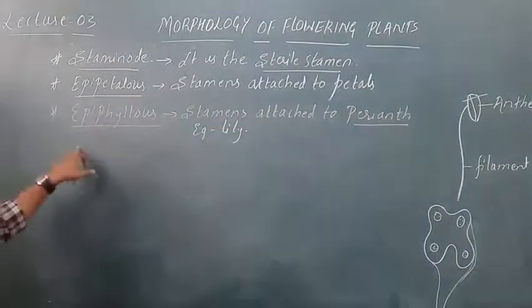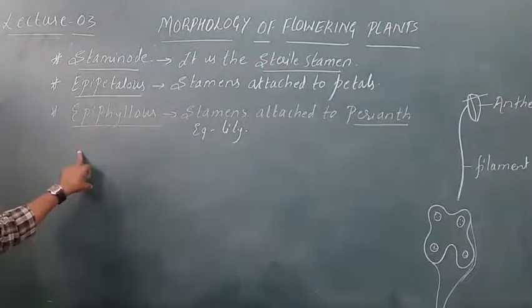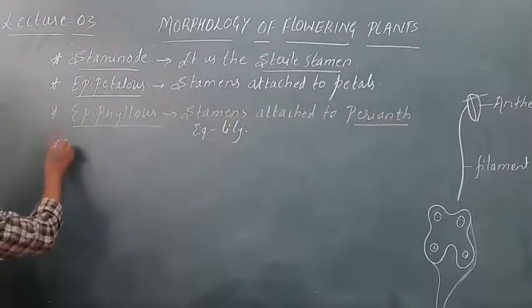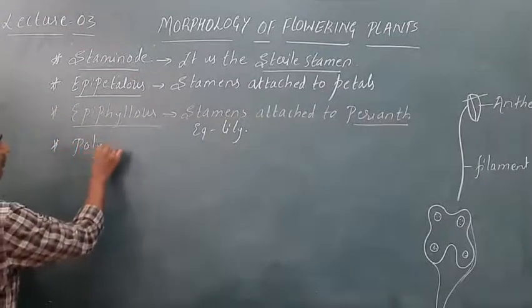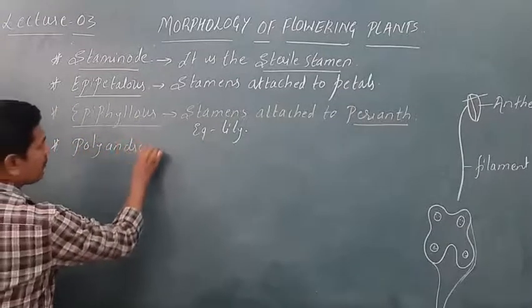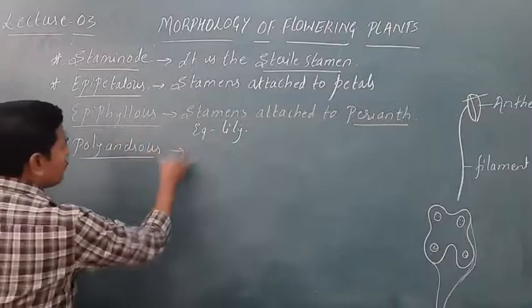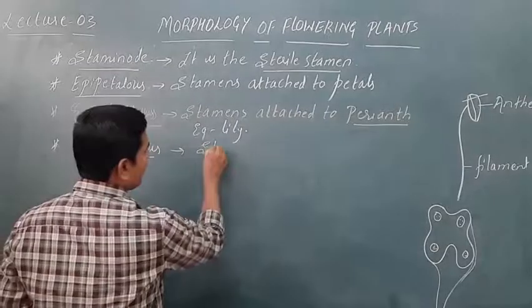Okay, then let's go to the next one. One more definition is there, which we call polyandrous. Here stamens are free.